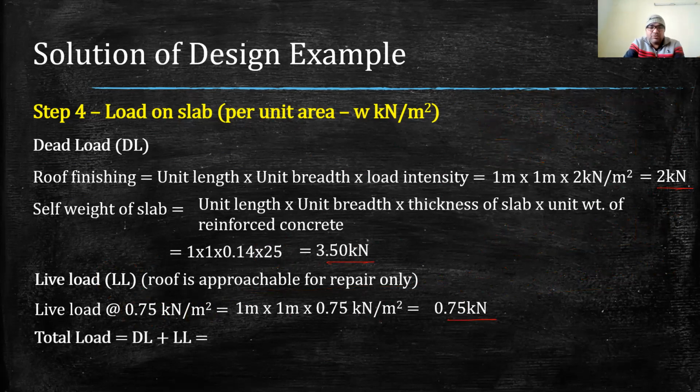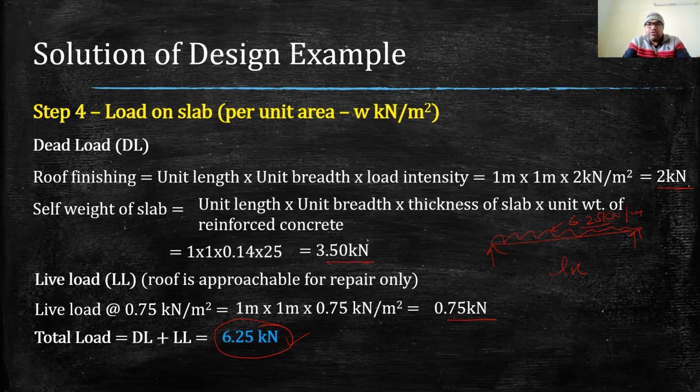Adding these values, we get the total load as 6.25 kilonewton on the unit area. So it means for the slab along the Lx span, the UDL value will be 6.25 kilonewton per meter. Similarly for Ly also, it will be the same value.